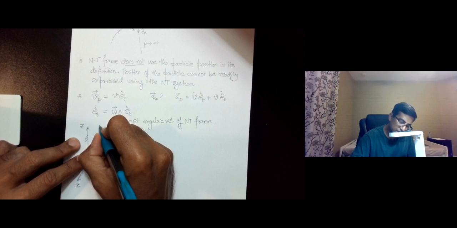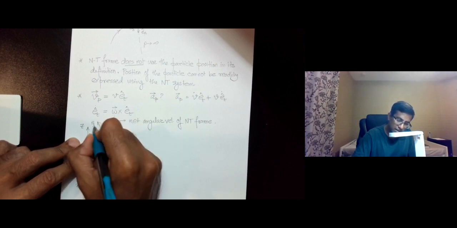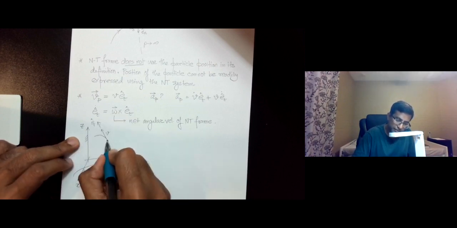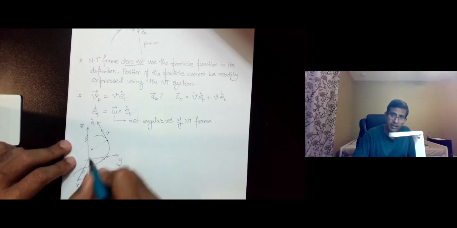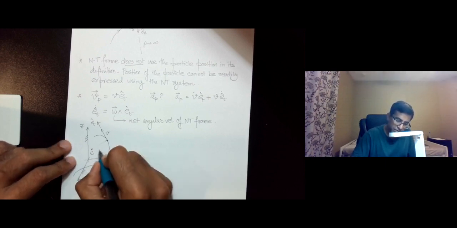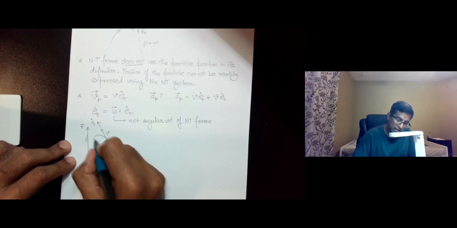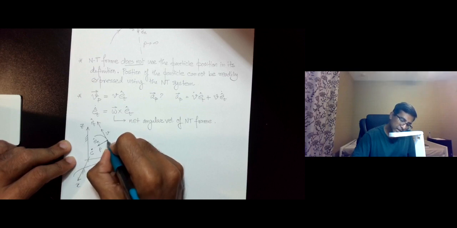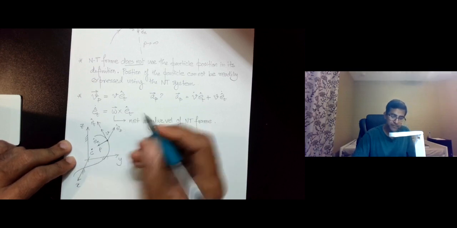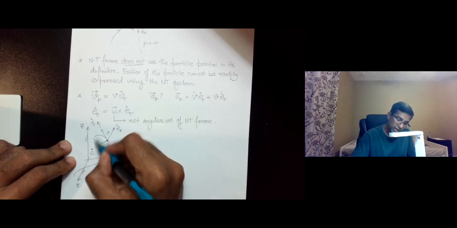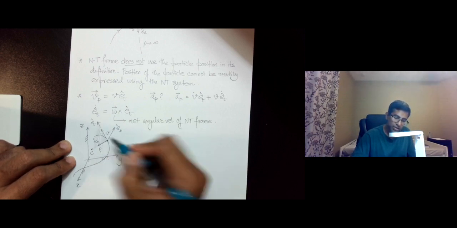Velocity is here, et is along the velocity. This is the center of curvature, this is the radius of curvature, en is like that, and eb goes like this. So et, en forms the osculating plane.